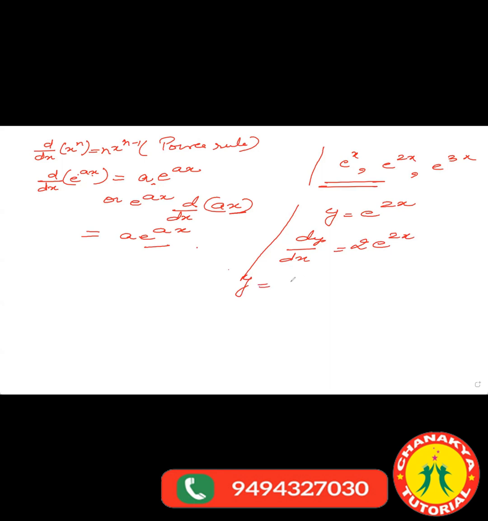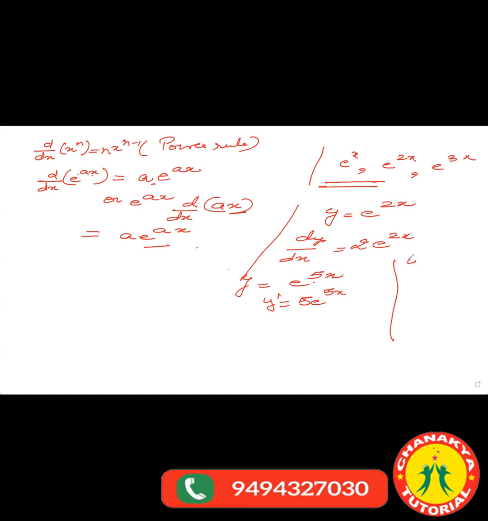Right? Suppose e to the power 5x. What will be our differentiation? Tell me. 5. Yes, 5 e to the power 5x.